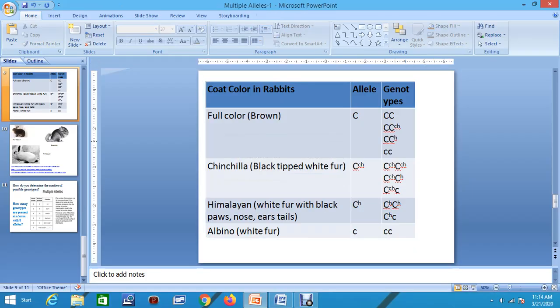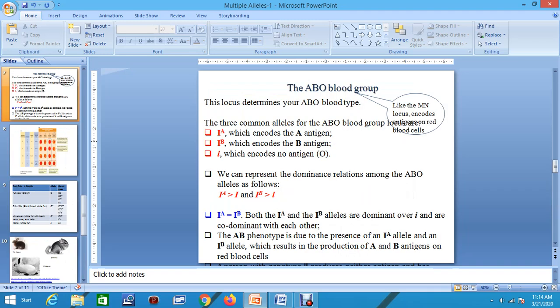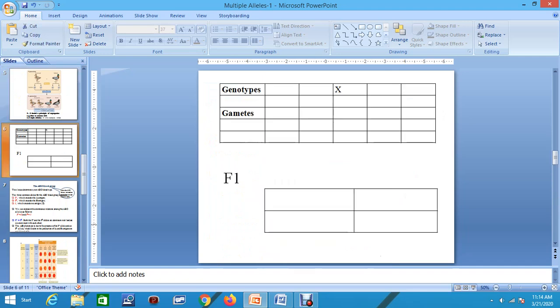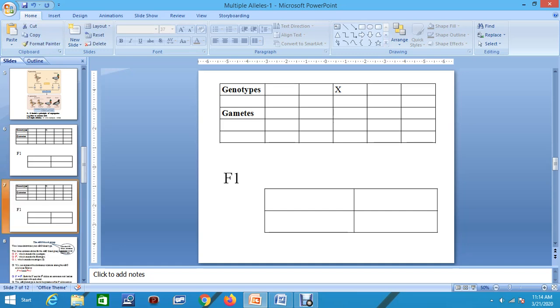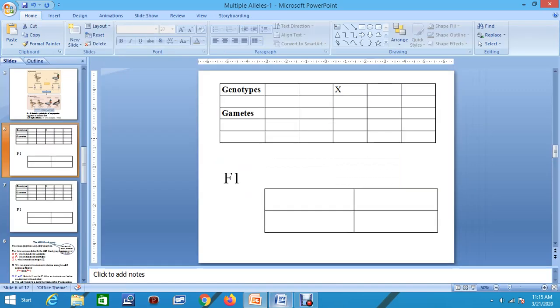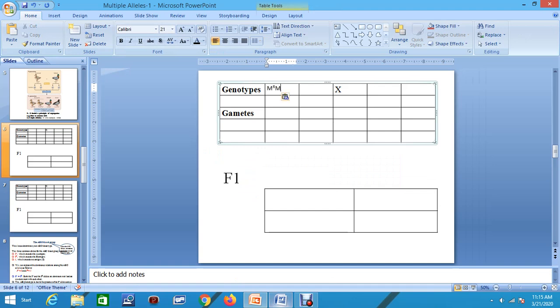Okay, now if we go for crosses, I have already made this table, so we can make crosses in PowerPoint. Let's start with the duck feather with the heterozygous restricted genotype.